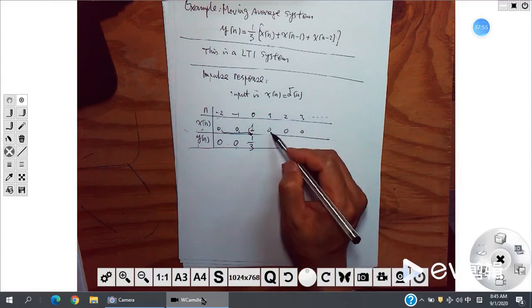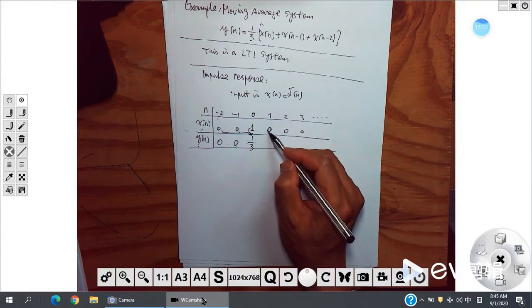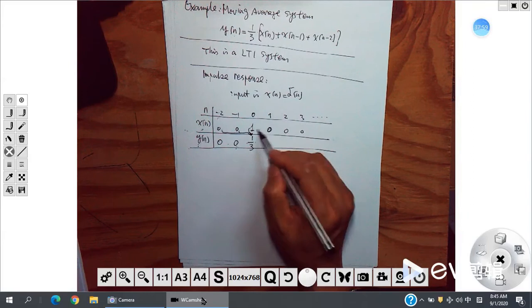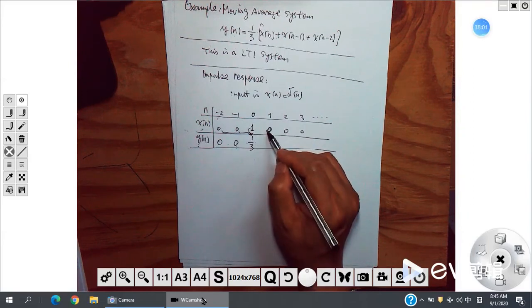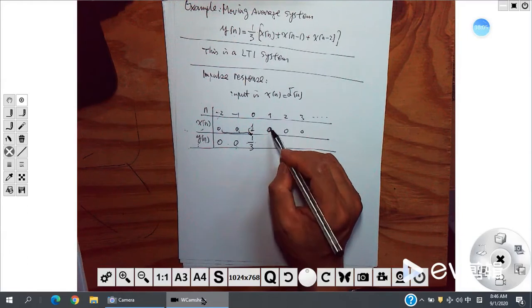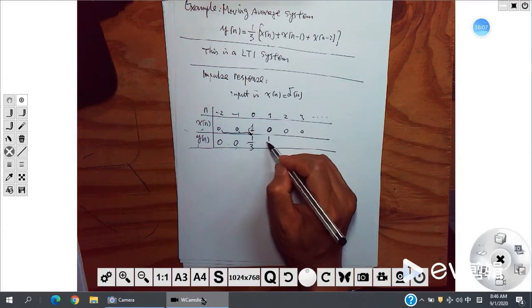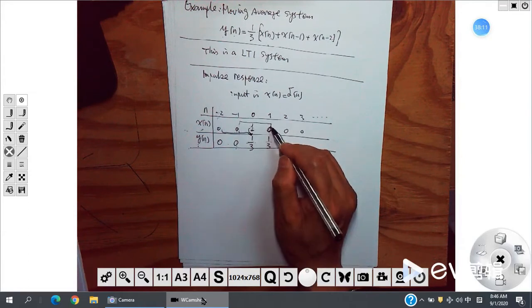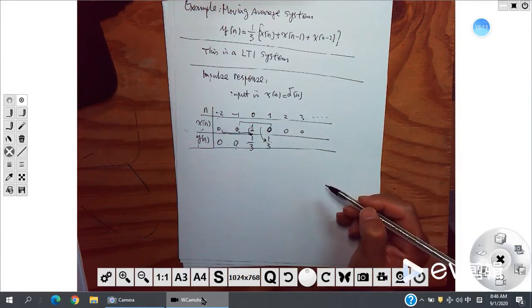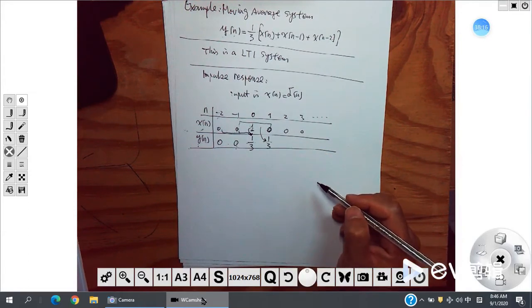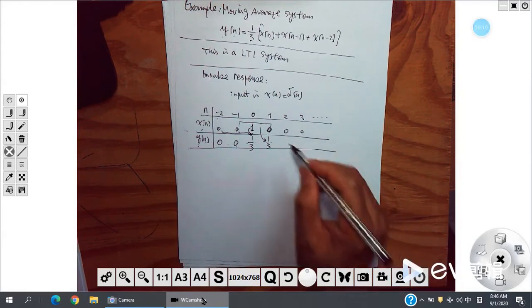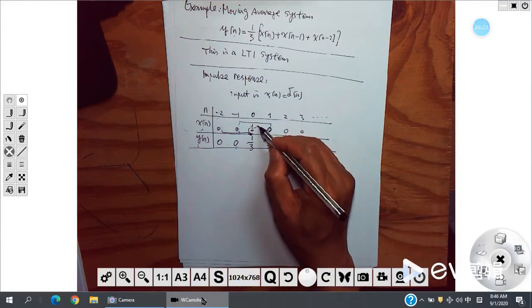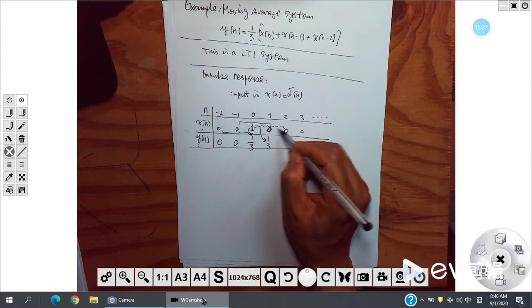Okay. Now check this. When n is 1, you need the summation of these 3, and then find the average, divide by 3. So this is also 1/3. You need these 3 to sum and then divide by 3. And this is similar. You need this one and this one, these 3.